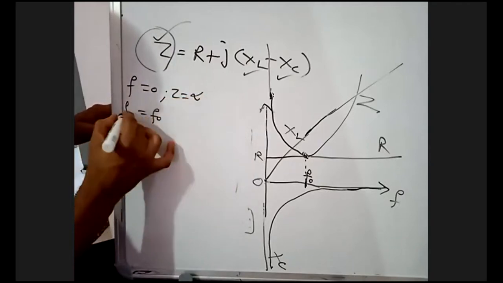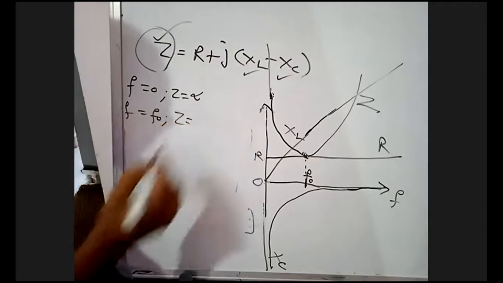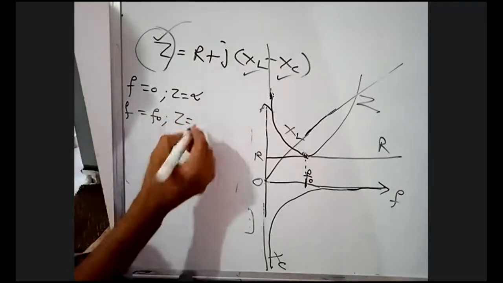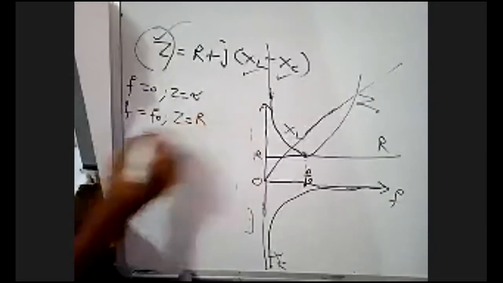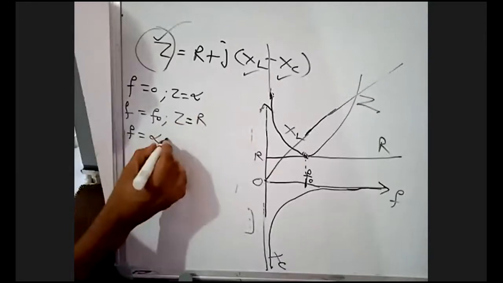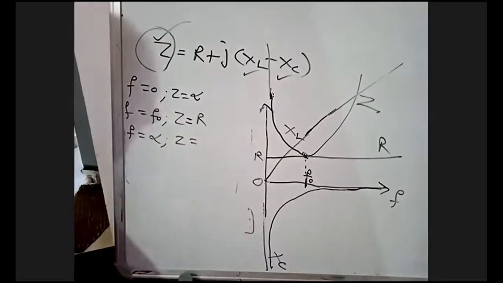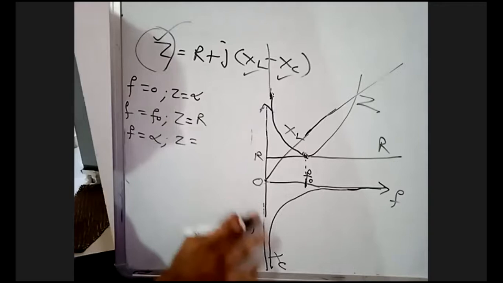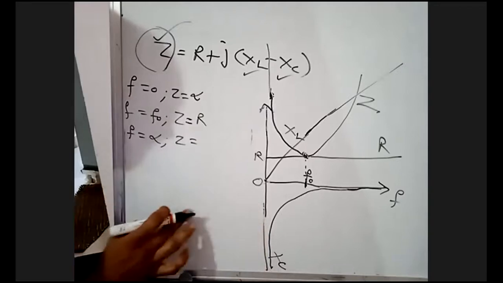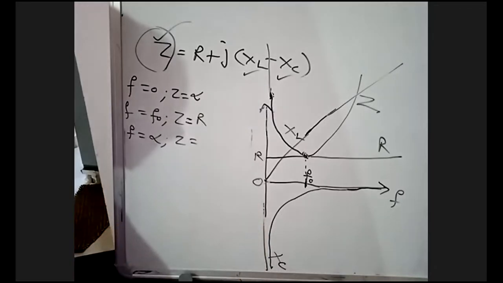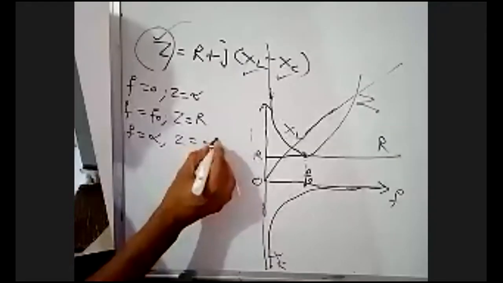At f is equal to f naught, what is the value of Z? R. At f is equal to infinity, what is the value of Z? We calculated infinity.